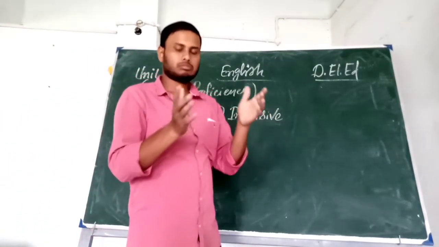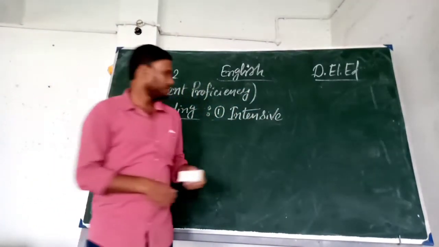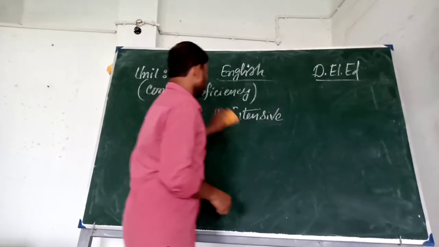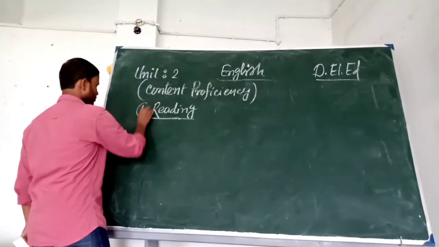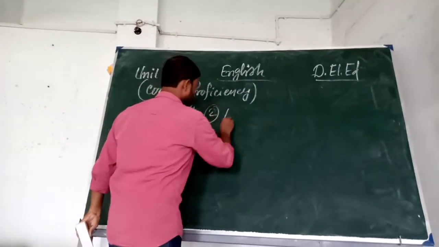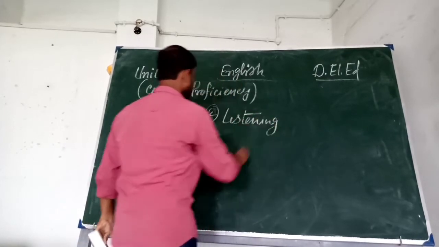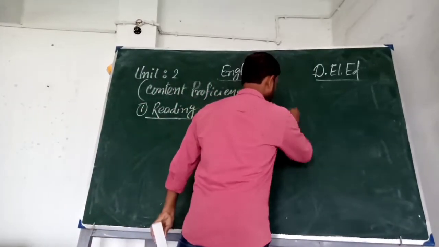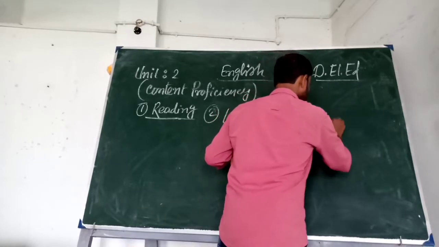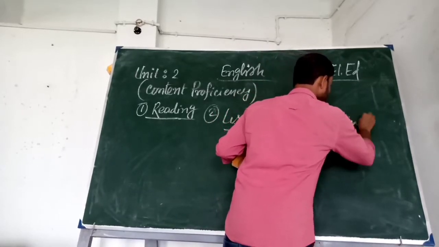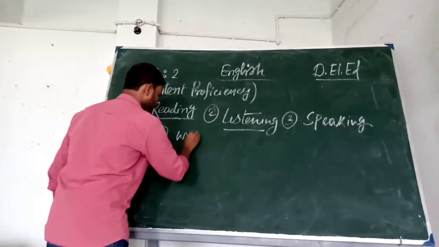When we discussed our previous class, the first unit, I told you that there are four skills: listening, speaking, reading, and the fourth one is writing.